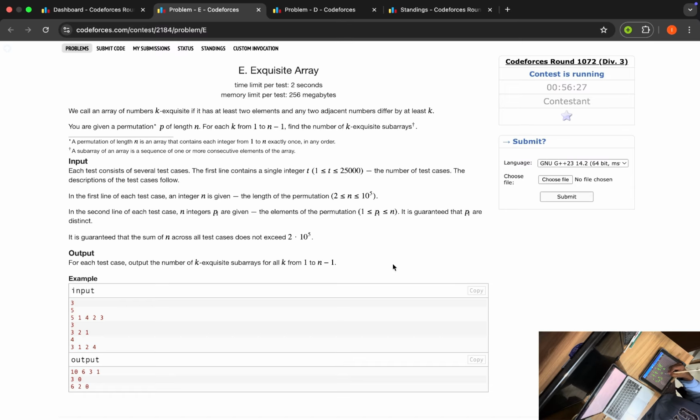Then for 3 I'm removing 2, that's the first 2. No, it's not the 2, there's a 2, so this one.